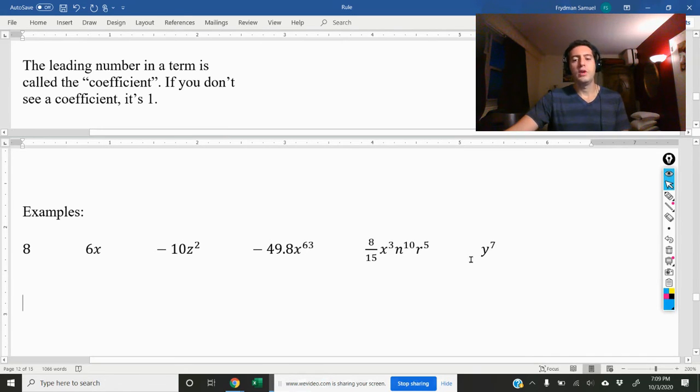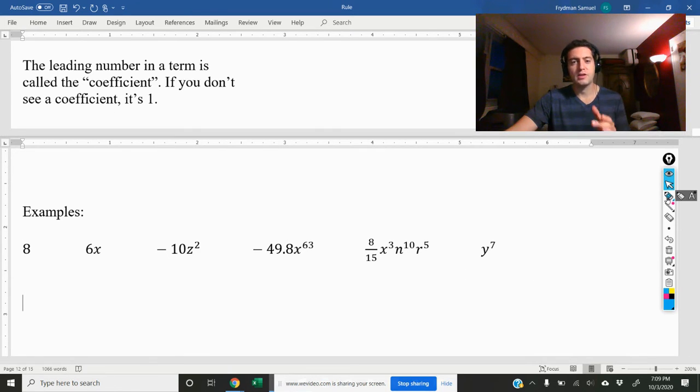Here we don't see a coefficient written. If you don't see it written, I like to call it invisible. It's there even though we don't see it. And the coefficient here would be 1. So that would be 1 times y to the 7th, just like this is 8/15 times x to the 3rd, n to the 10th, r to the 5th.